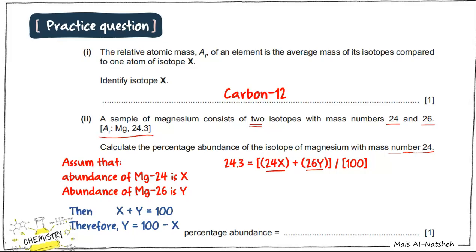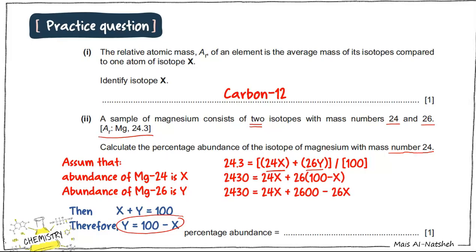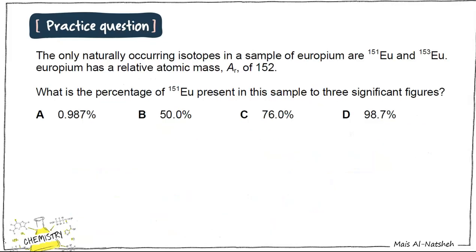The 100 is the total summation of all abundances for the two isotopes. Now, instead of Y, you can substitute Y equals 100 minus X. Do the substitution, use your math and do your calculations. You will find that X equals 85%. Next question.